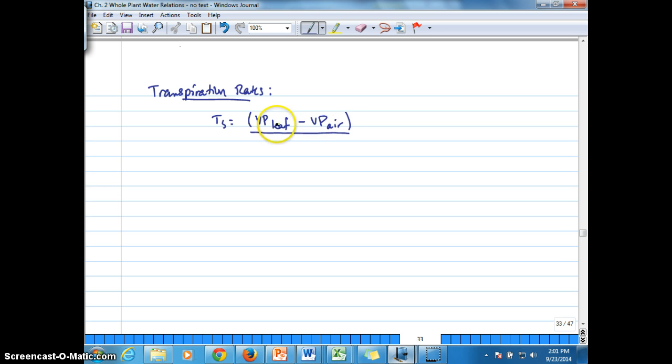But transpiration rates are inversely related to the degree of resistances. In this case we're looking at the resistance of the leaf, which is the stomatal resistance, plus the resistance of the air, which is the boundary layer resistance.